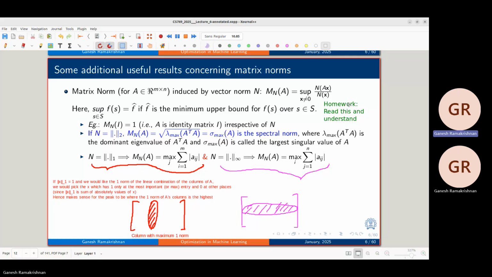So typically when you're maximizing the infinity norm, you'll just set all values to that same max value. Nothing to lose. You can verify that this amounts to taking the row with the maximum one norm. So these are special cases. As homework, if it's not clear, you need to read this and make sure you understand it. But I think I've provided enough intuition here.